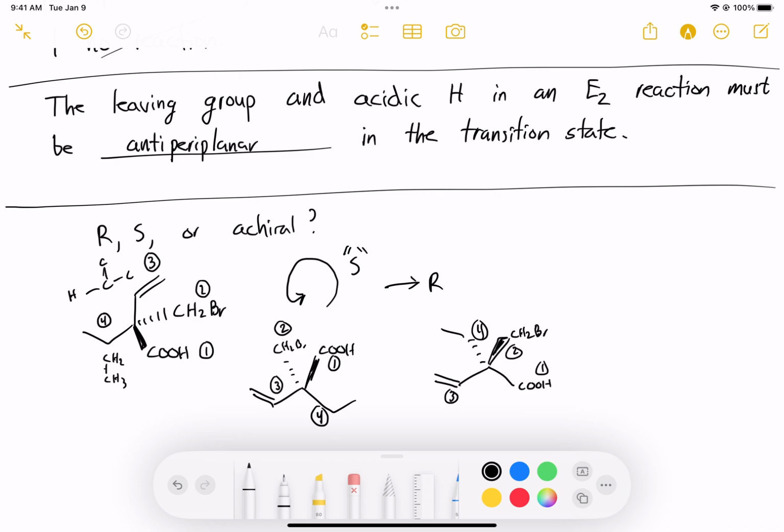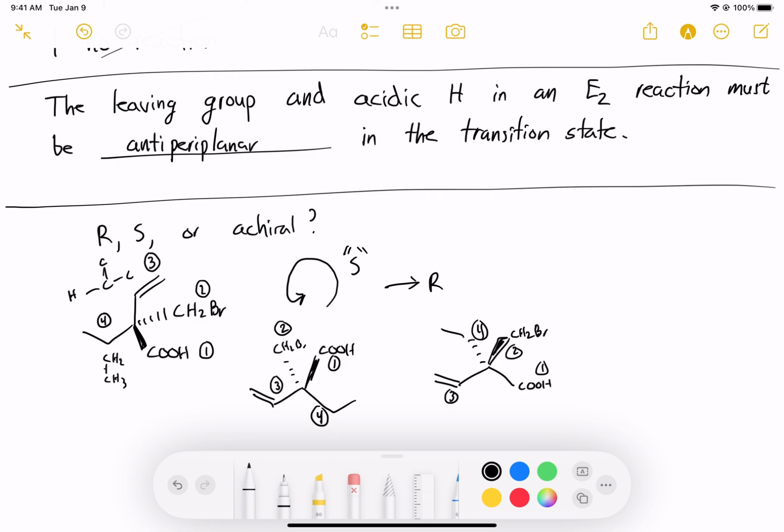So I'm not crazy. But if we switch those two, it'll still be R. It'll go this way now.